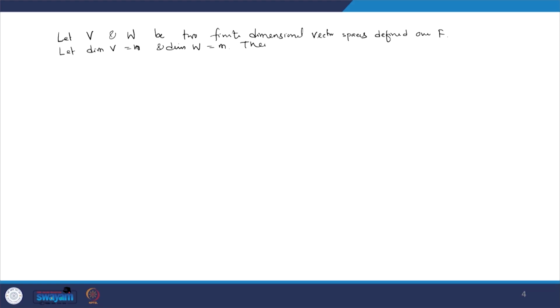Then dimension of L(V,W) is mn. So, we have picked up the question like this: V and W are two finite dimensional vector spaces over the field capital F, and dimension of V is equal to, say, n, and dimension of W is, say, small m. Then dimension of L(V,W) is mn. So, you can say this is a theorem.